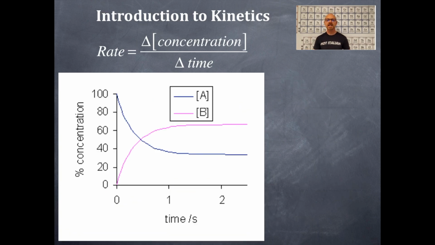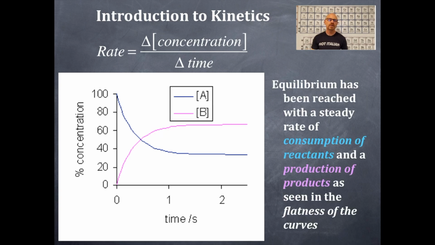Let's take a look at this one here. Again, rate is change in concentration over change in time. We are talking about equilibrium, so that's why kinetics and equilibrium are intermixed here. Equilibrium has been reached when there is a steady rate of consumption of reactants, that's the blue line, and production of products, that's the purple line, as seen in the flatness of the curves.